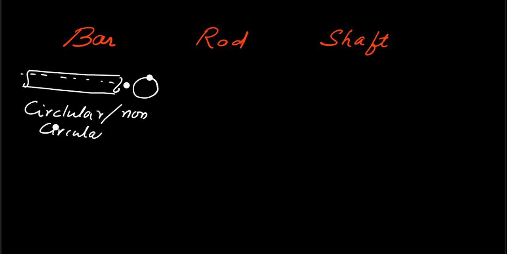Non-circular means it can be any cross-sectional area, like a square, a triangle, a rectangle, any geometrical shape.